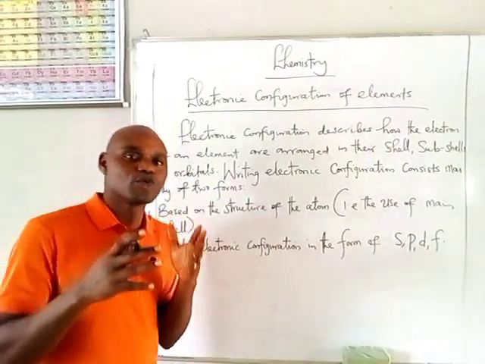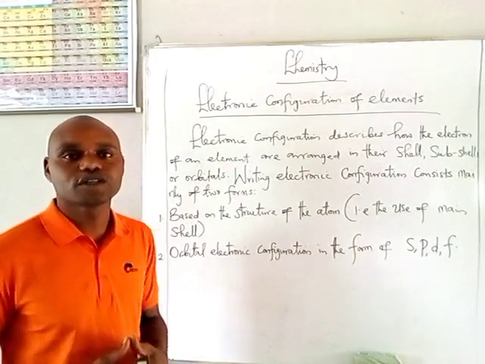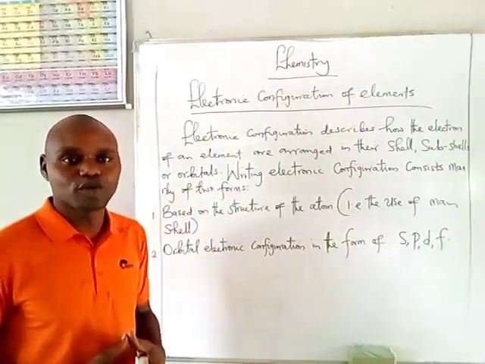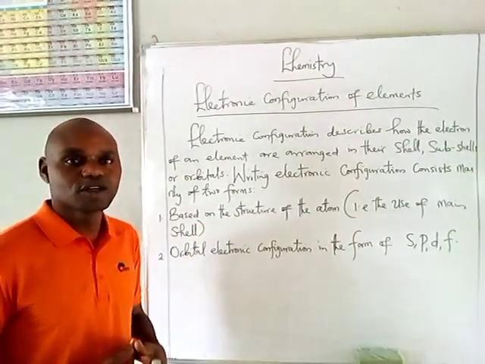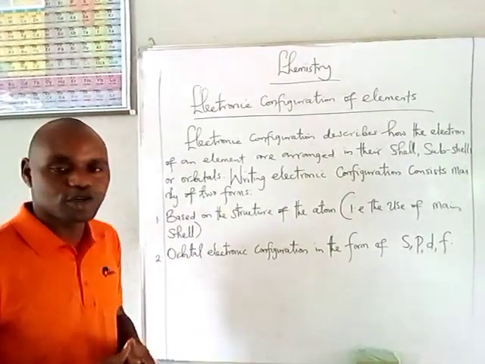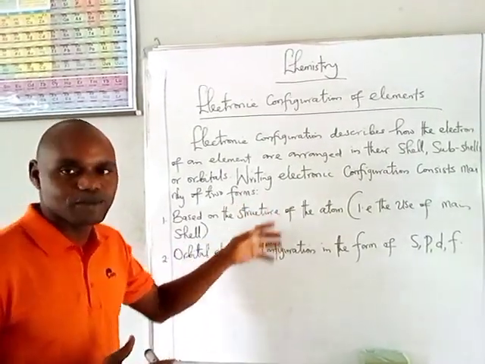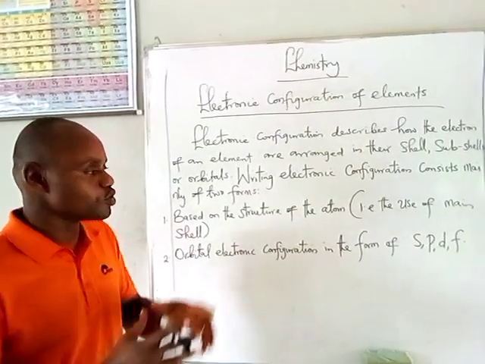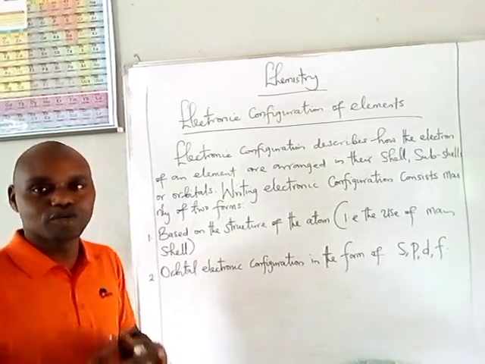So we are going to disintegrate these two various forms on how we can make electronic configuration possible when we are asked questions related to this topic. So please, may you give us your attention so that as we explain each of them, you have full understanding, so that when you come across questions on this topic, you'll be able to tackle it.